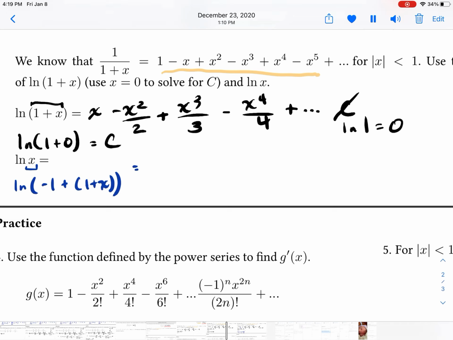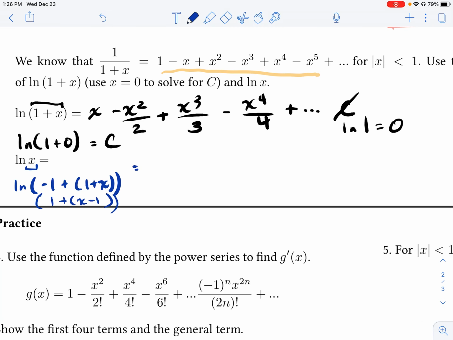This would be the same thing as 1 plus x minus 1 if we just rearrange those terms. So I'm going to take each one of these variables here and replace them with x minus 1, because now I can treat this as my u, and this is my argument here, u. So now we have the same series, and we're just replacing all of our u's with x minus 1.